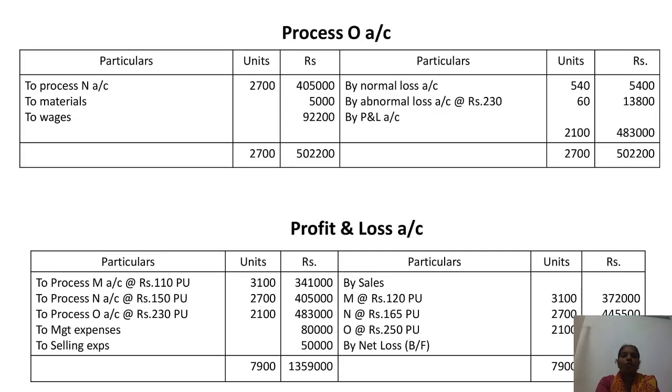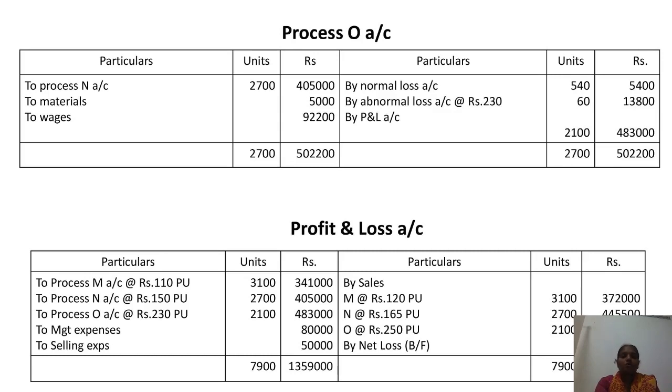To find the amount: process N, that is 4,05,000 plus 5,000 plus 92,200 minus 5,400, if we divide that we get 230, and the units is 60, multiplied we get 13,800.